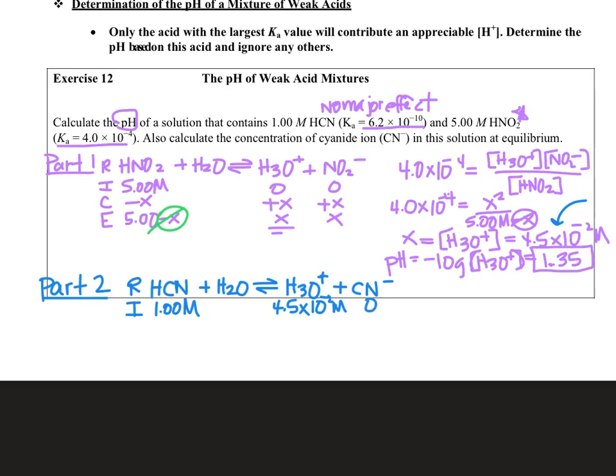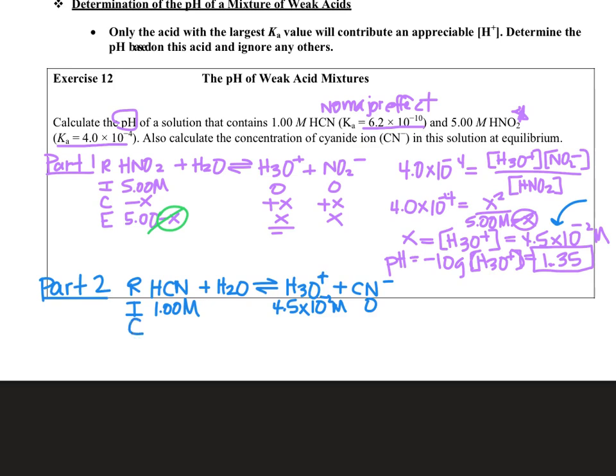So if we wanted to find the amount of the ions, we know that if we start with some H3O plus, it's going to make it less soluble, which means we're going to make even less H3O plus with the HCN being there. So it's not going to change the pH much, but it is definitely going to change the concentration of the cyanide ions that we have. So that's really important to make sure that we realize this is a common ion when there's a mixture, because we have some of that left.